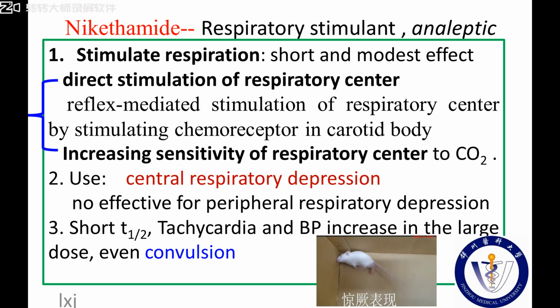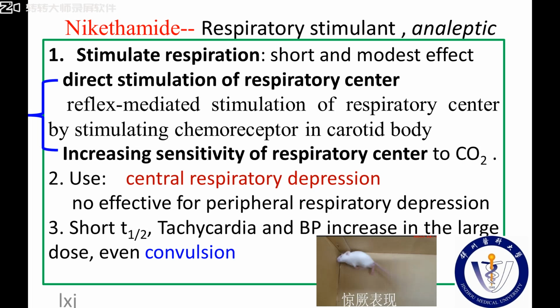Do you still remember morphine? It is one analgesic. Acting on the CNS, morphine can lead to respiratory depression. Maybe some addicts died from respiratory depression caused by morphine.